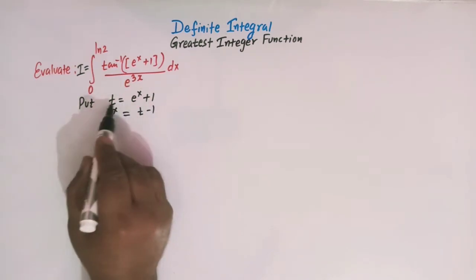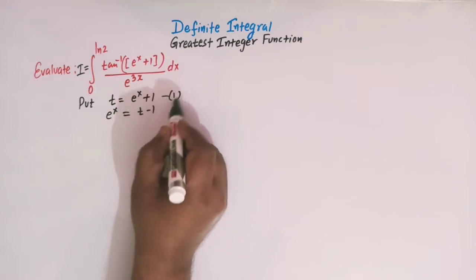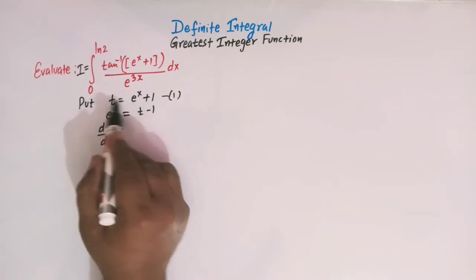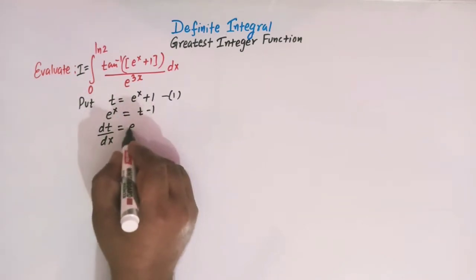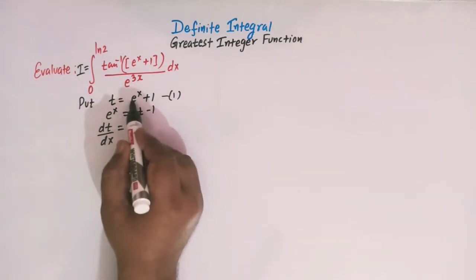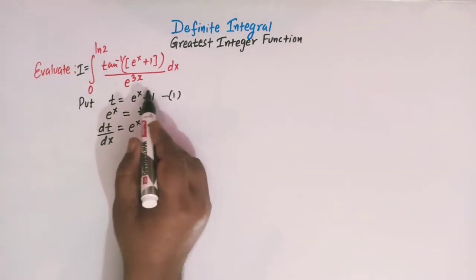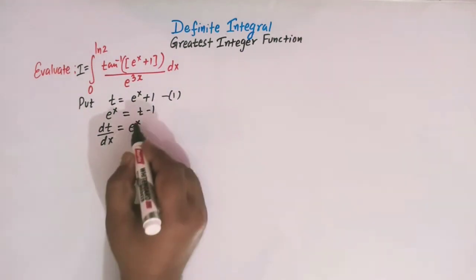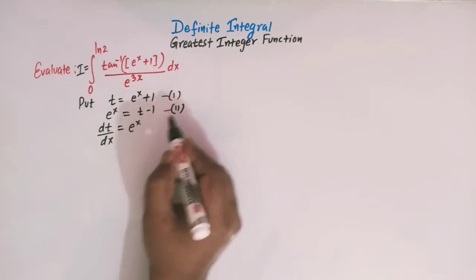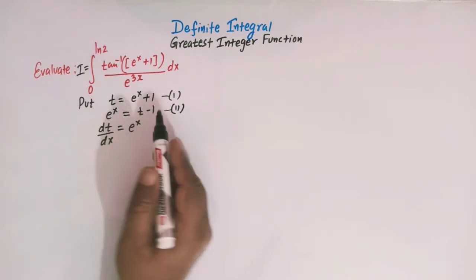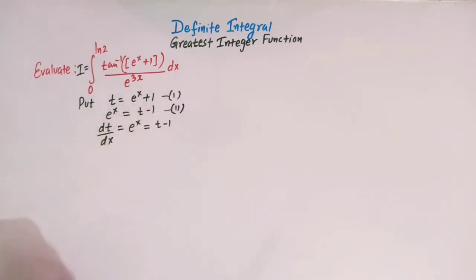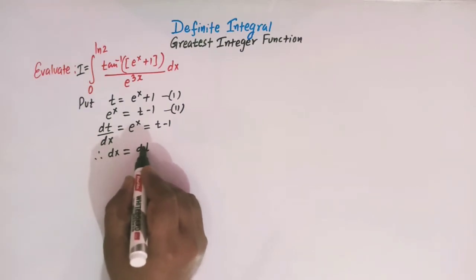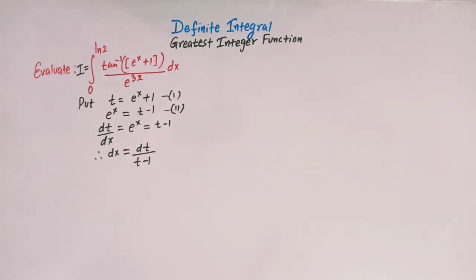Differentiating both sides with respect to x, we have dt over dx equal to e raised to x, since the derivative of e raised to x is e raised to x and the derivative of 1 is 0, being a constant. And from equation 2, e raised to x is t minus 1, so dx is equal to dt over t minus 1.